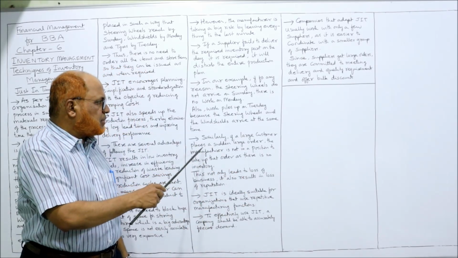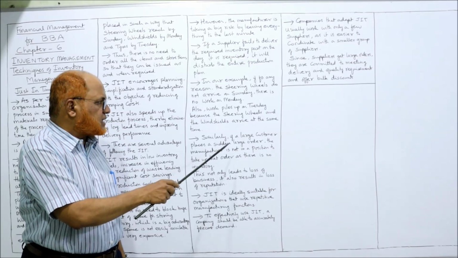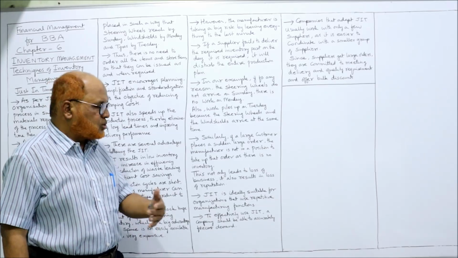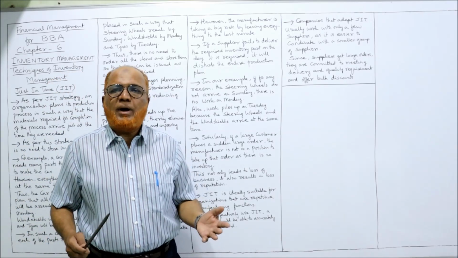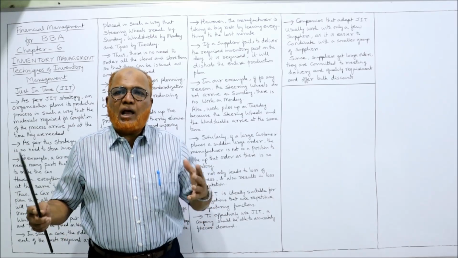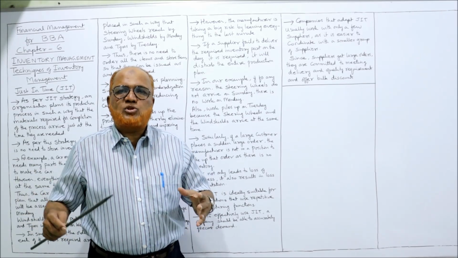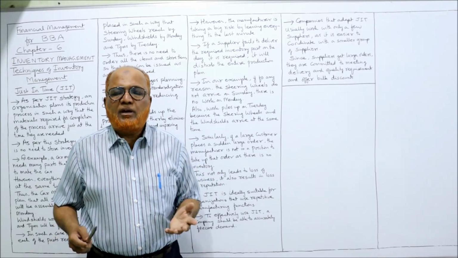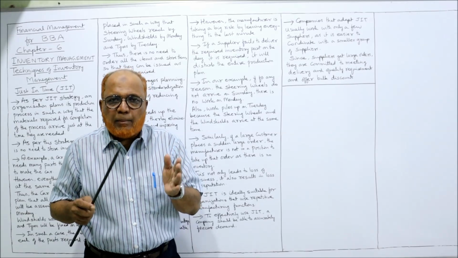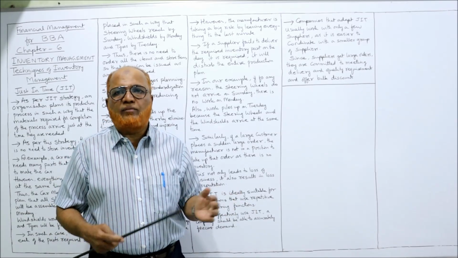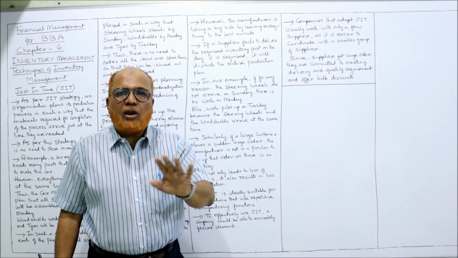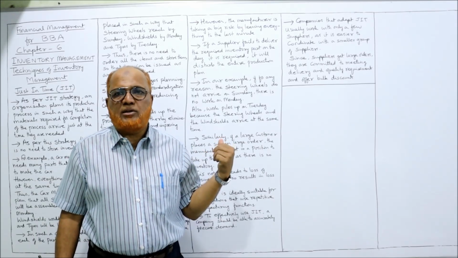Similarly, if a large customer places a sudden large order, the manufacturer is not in a position to take up that order as there is no inventory. Because the demand is uncertain. We don't know when the customer comes. Suppose a big customer comes to put a large order. We will not be able to satisfy the customer at such an emergency period because we don't have the inventory. So unexpected orders cannot be filled by using JIT.